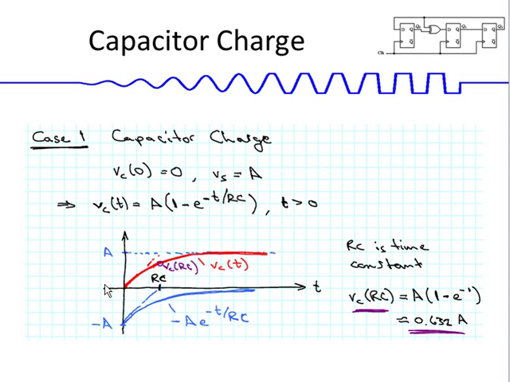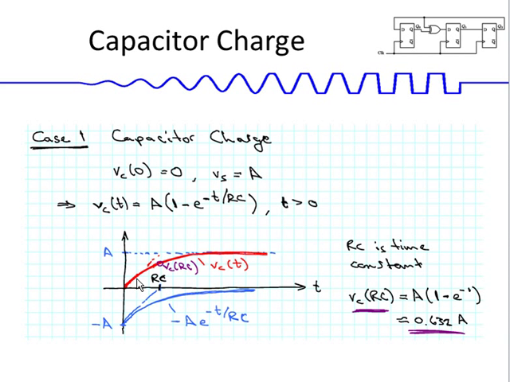In fact, the slope in the beginning is equal to 1 over RC. You can see if you take the derivative here, you would get 1 over RC, and the two minuses cancel. So if we know the time constant RC, we can mark it on the horizontal axis, then go up to the final value that we are going to get, which is A, and make a straight line.